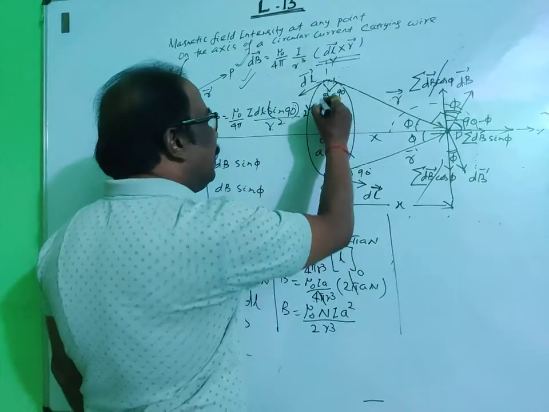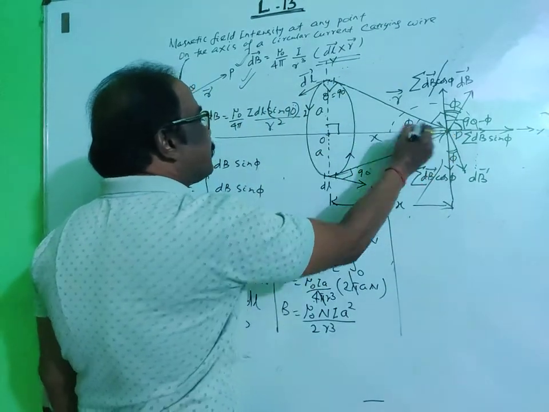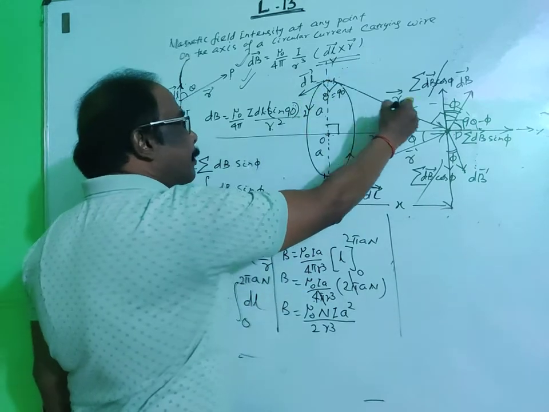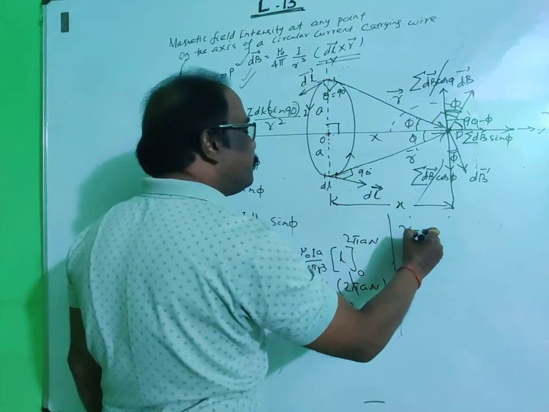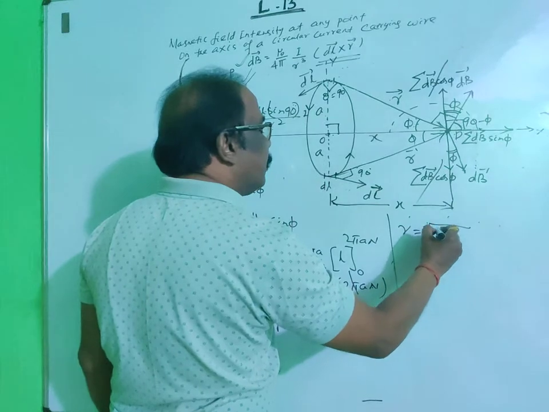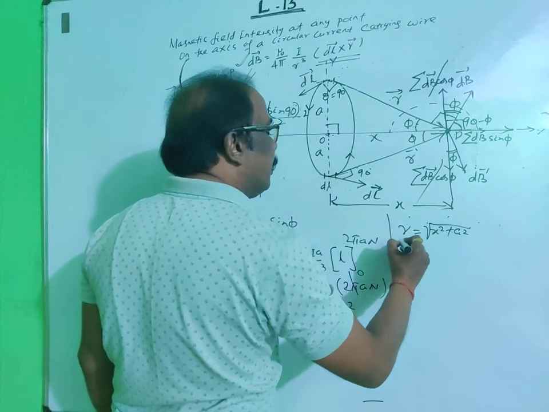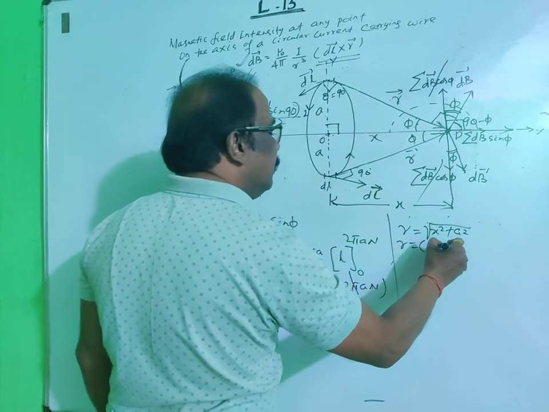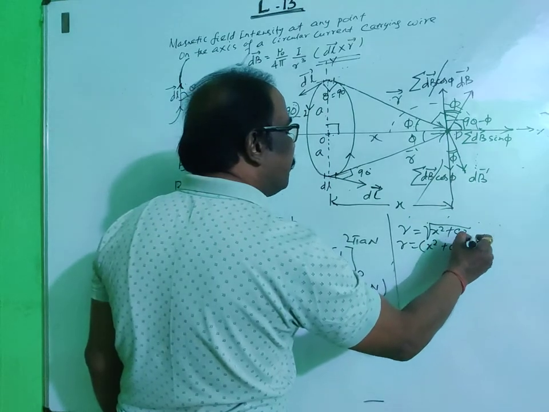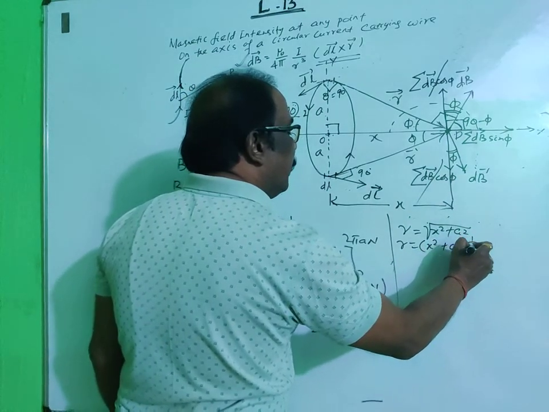Then from this right angle triangle, base is x, perpendicular is a, hypotenuse is r, so r is equal to the square root of x square plus a square, or r is equal to (x square plus a square) to the power 1 by 2.